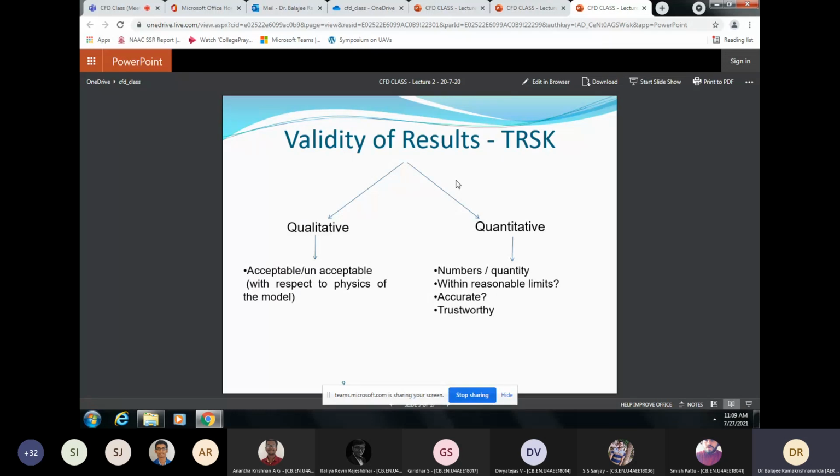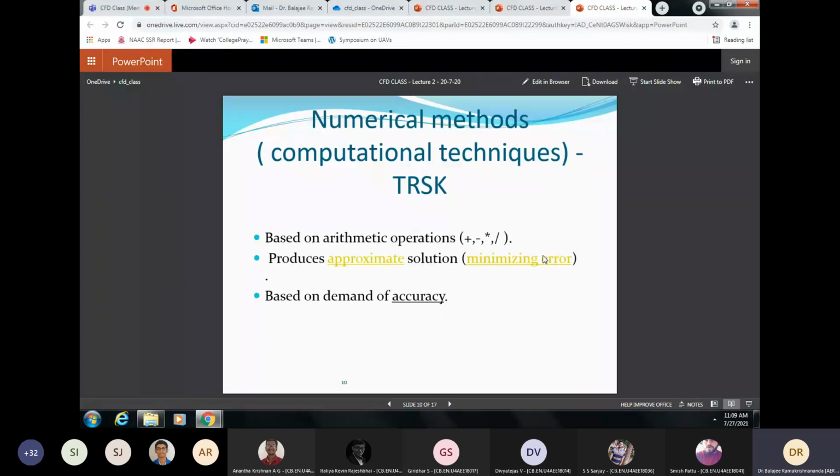Otherwise, you can generate a lot of results in a very short span of time, but you will have an issue with people believing it. Now, these numerical methods rely on computers.